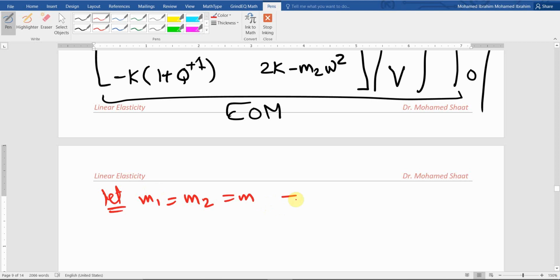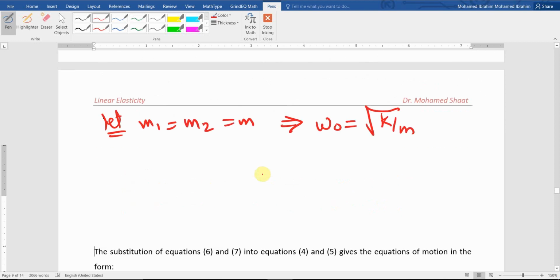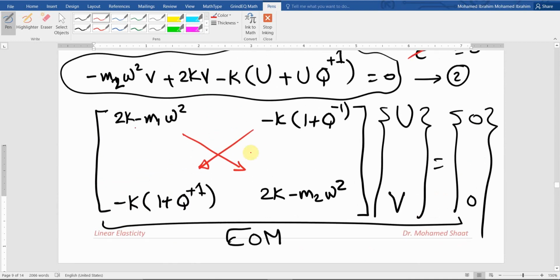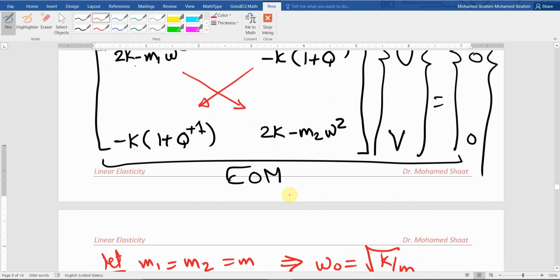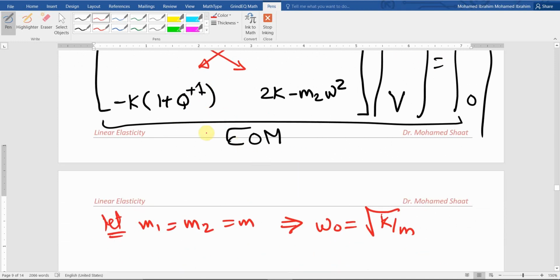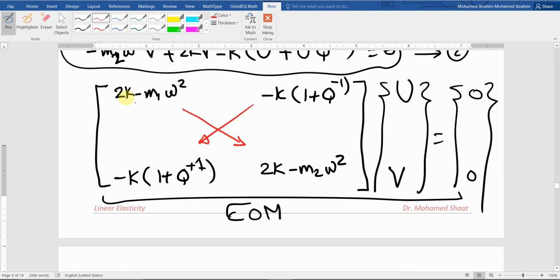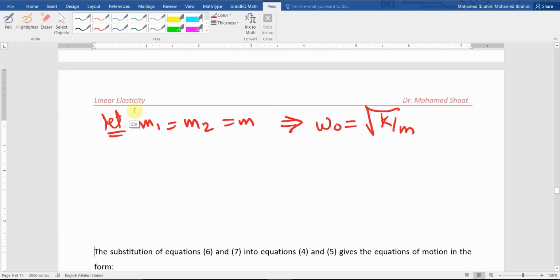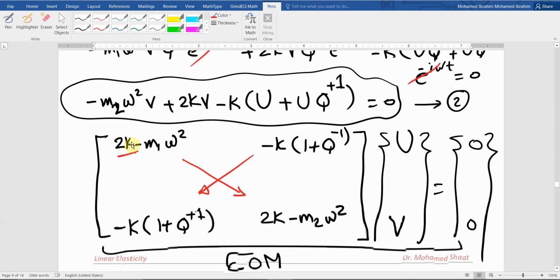And then let us assume that omega 0 is the square root of k over m, where we are using the same k and the same mass, identical masses for the two atoms. So if we substitute with this one here and do the multiplication, you can just divide by m1, which is just m here, right?